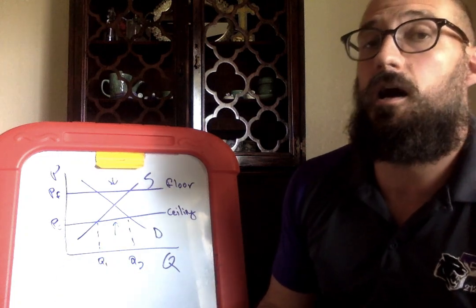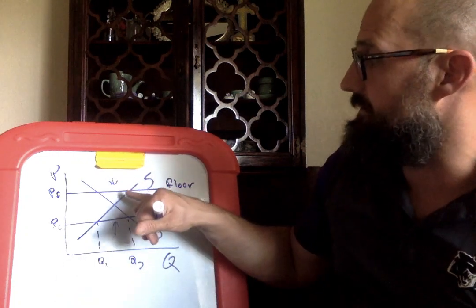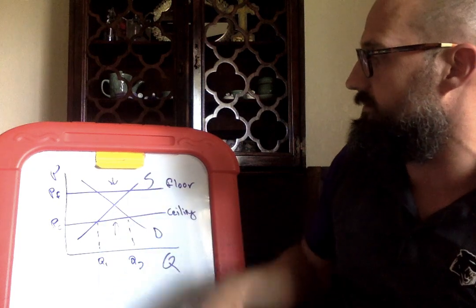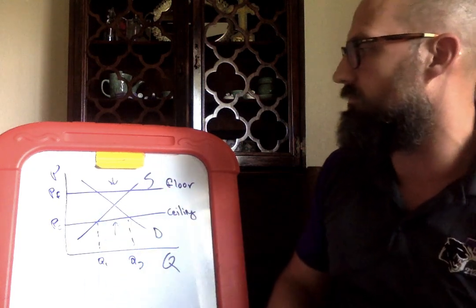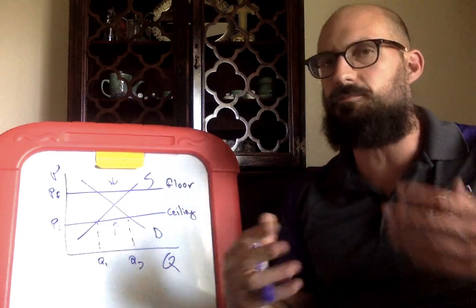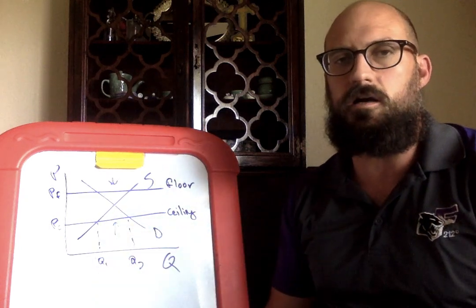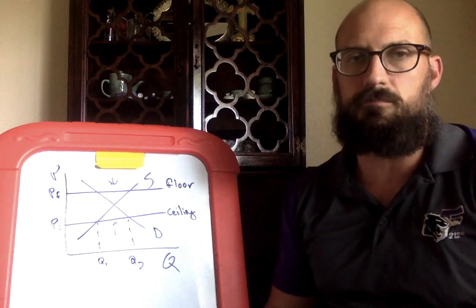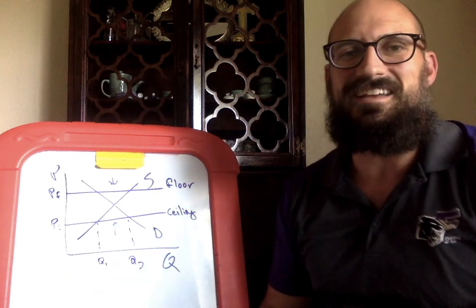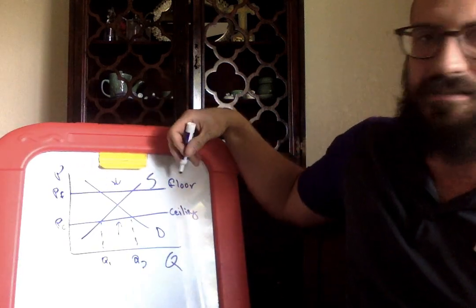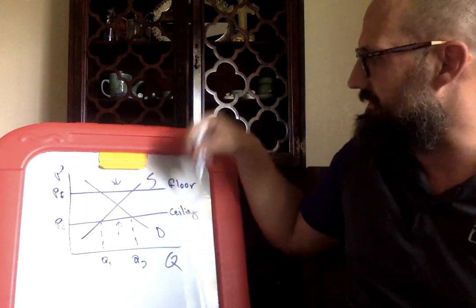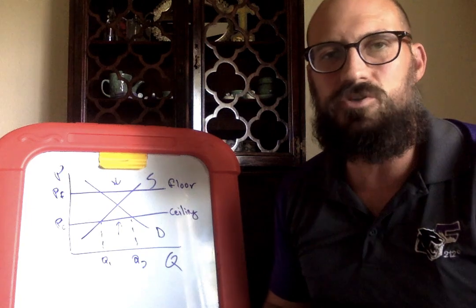So what ends up happening is that we have a surplus of workers at that particular wage, right? So we have a lot of people that want to work at minimum wage. So floors create a surplus, and ceilings create a shortage, right?